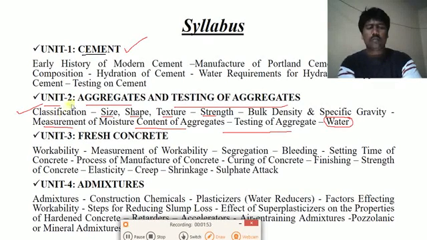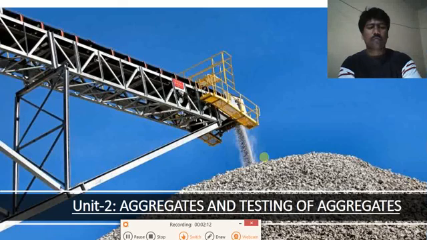So this unit 2 contains 2 video lectures. The first deals with the classification and the second deals with the testing of aggregates and measuring the moisture content of aggregates. Now we will start with the classification of the aggregates. So this is unit 2, aggregates and testing of aggregates.